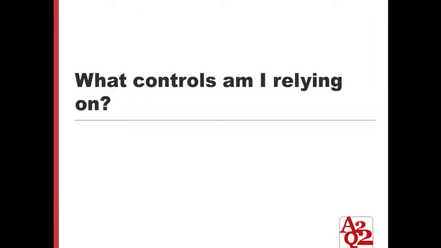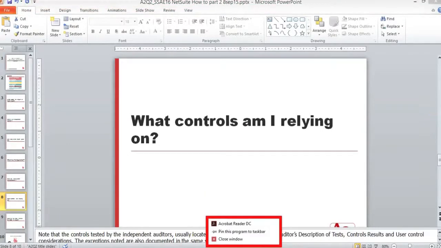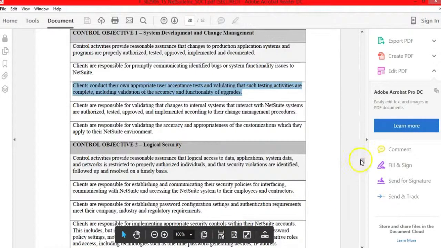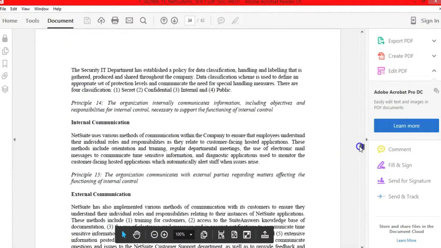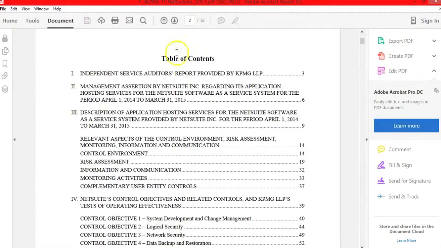So the next question you have is, what controls am I relying on? We've addressed the end user considerations, and now we're talking about NetSuite's controls, the items and procedures that I'm relying on as a company. I'm going to go back to the NetSuite report and look at the table of contents, because that's the easiest way to find what you're looking for.